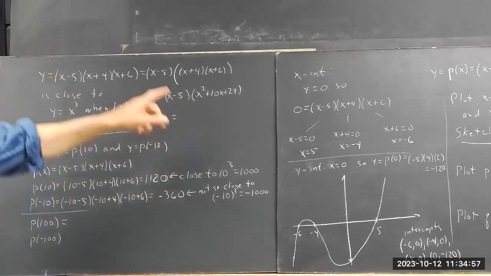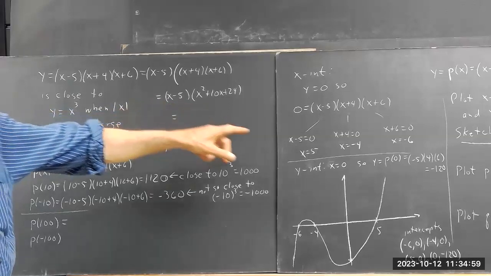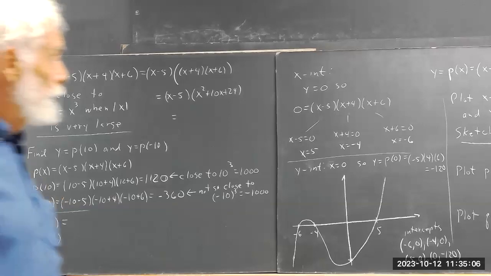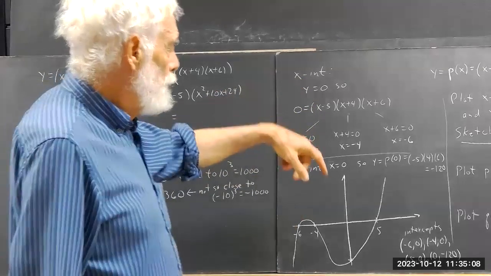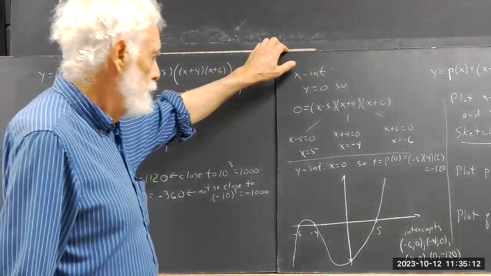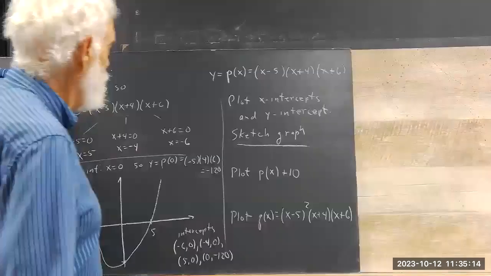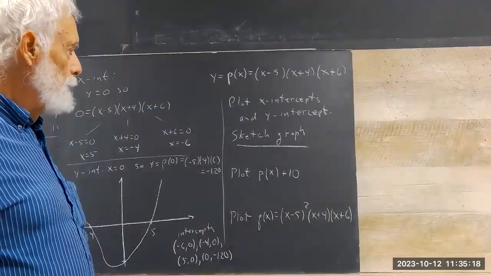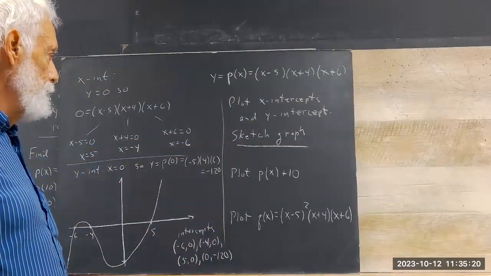So while you do this calculation, I'll just review everything that I've done so far, just to make sure it's actually there. It's actually fairly straightforward. Okay, so we have this polynomial p of x equals, well, you see it here. We want to plot the x-intercepts and the y-intercepts and sketch the graph.